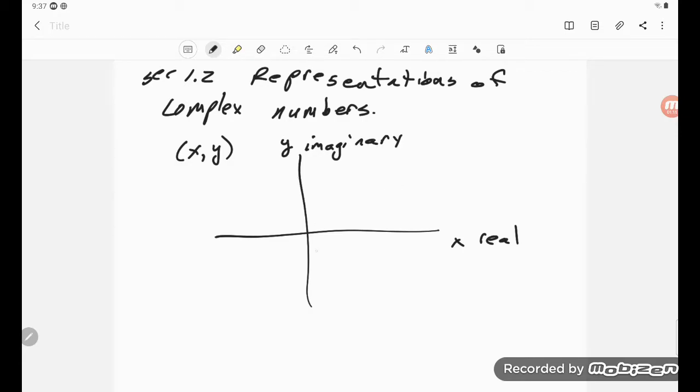And so XY is just some point here, and this would be some z equals x plus iy.